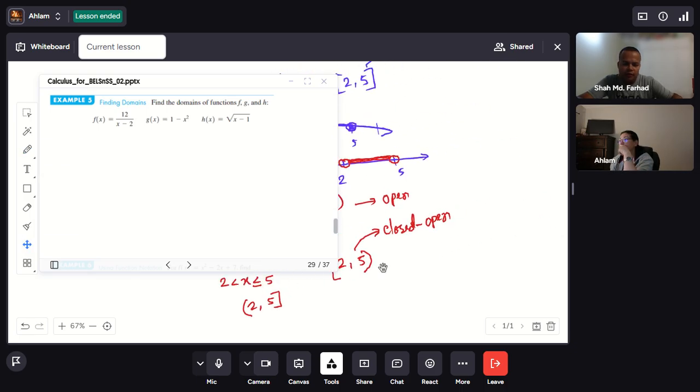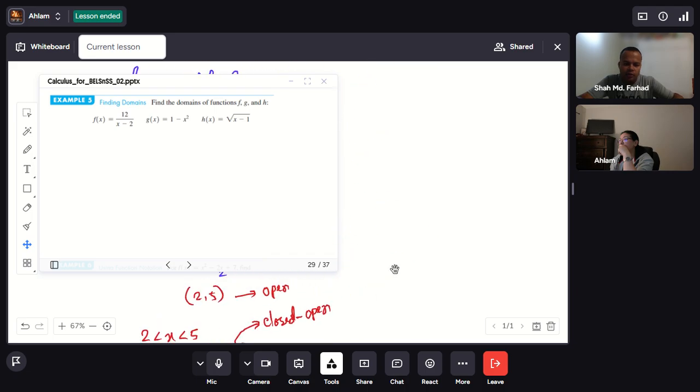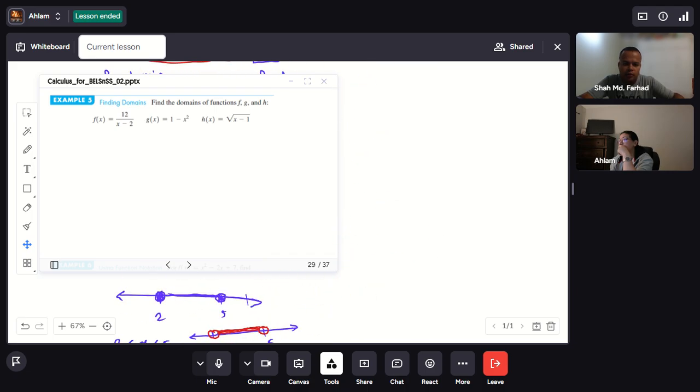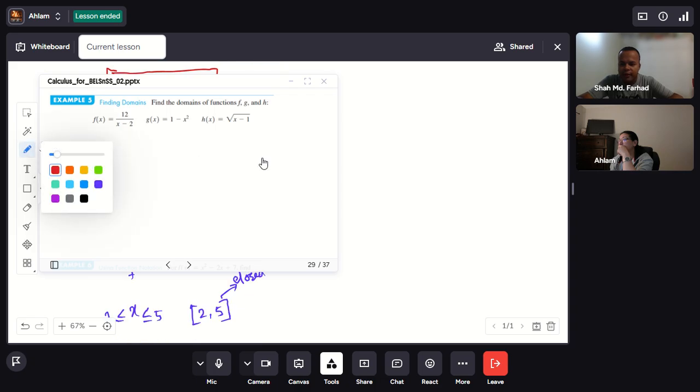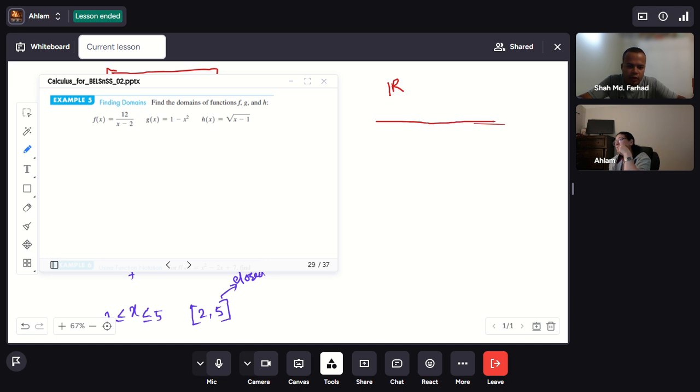In the case of R, the set of all real numbers, if we draw a number line, we see positive infinity on one side and negative infinity on the other.